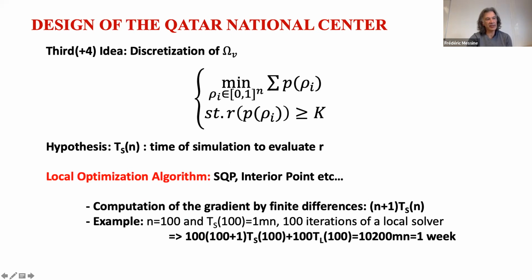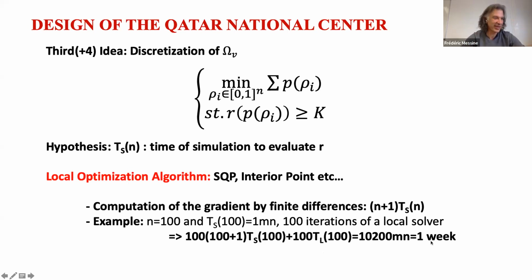To compute the gradient, you need in fact n+1, so here 100 plus 1 simulations. You have to solve a linear system at each step, but it's nothing. Solving a linear system with a matrix 100 times 100 is nothing compared to 1 minute to solve this part. So in fact, to have a local solution, you will also need 1 week.